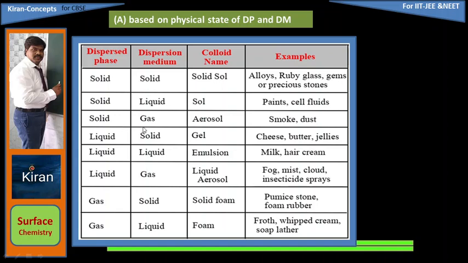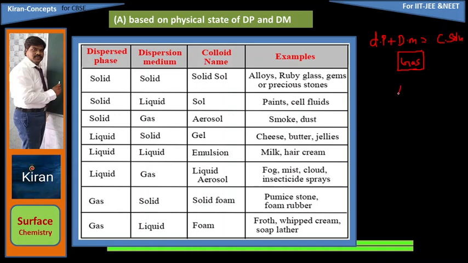Solid in gas, solid particles are dispersed in dispersion medium, gas. So when gas is acting as a dispersion medium, when dispersed phase plus dispersion medium is equal to colloidal solution, right? So here the dispersion medium is a gas. Such kind of colloidal solutions are known as aerosol.